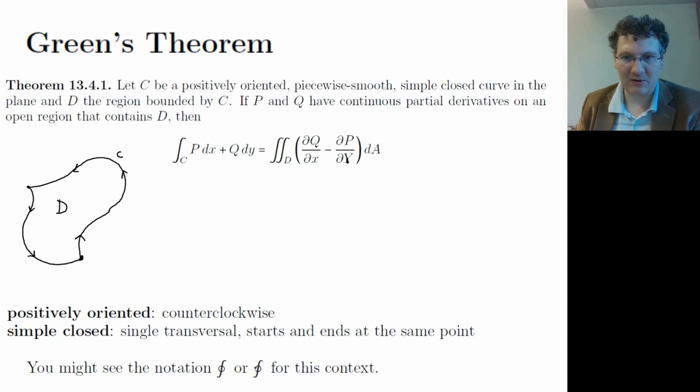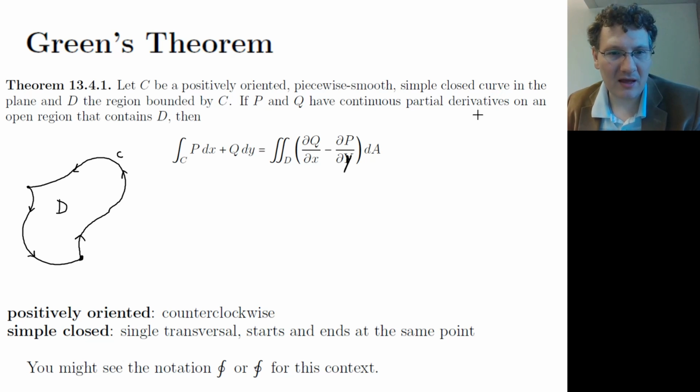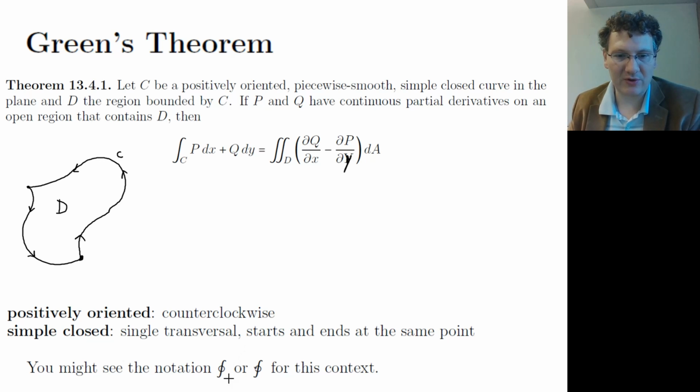That's supposed to be a lowercase y. And with this notation of an integral over a closed curve, sometimes you'll see a little arrow indicating the counterclockwise rotation. So this is Green's theorem.